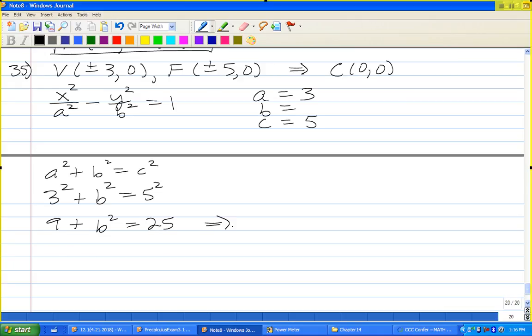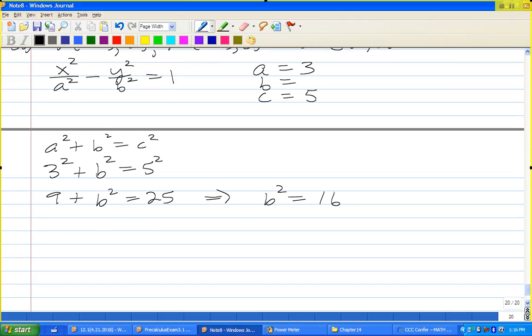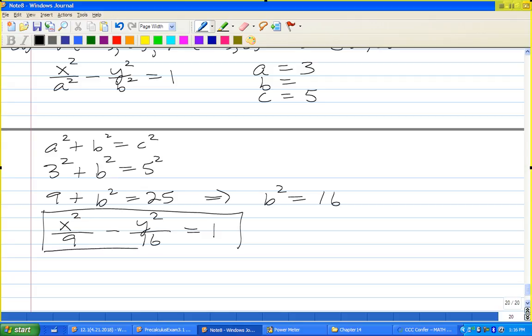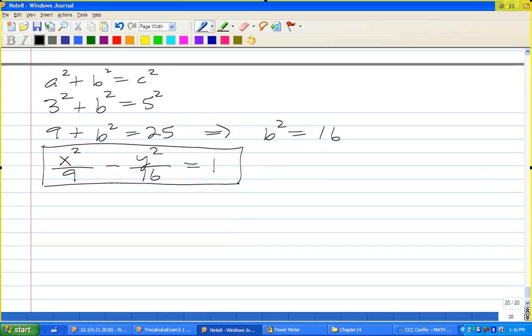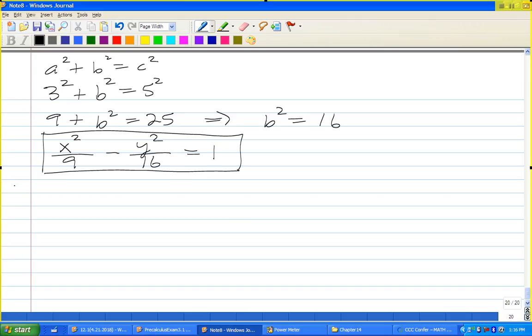Therefore, b squared is 16. So let's plug that in. So I have x squared over a squared, 9, minus y squared over b squared, 16, is equal to 1. And that is the equation of the hyperbola satisfying the given conditions. Now we do 37.